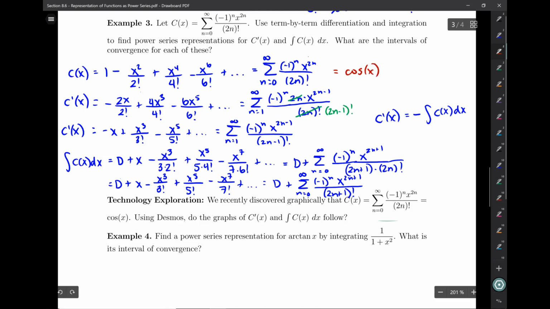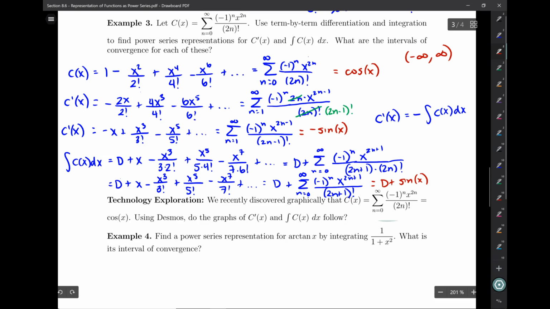So if we think about the fact that this power series is cosine, and we also looked at the interval of convergence in the power series video and saw that the interval of convergence was all real numbers, negative infinity to infinity, then if we think about how that extends to the derivative and the integral, what we should end up seeing is that the derivative should be the derivative of cosine, which is negative sine. So we've now established the power series representation for negative sine, and similarly the antiderivative of cosine should be positive sine, plus some constant, right?